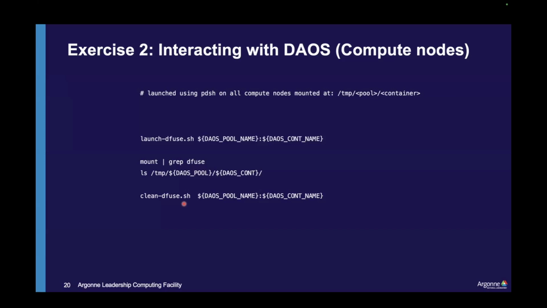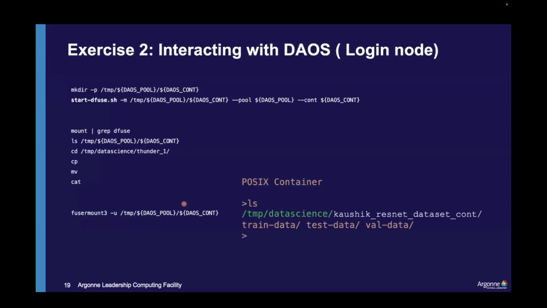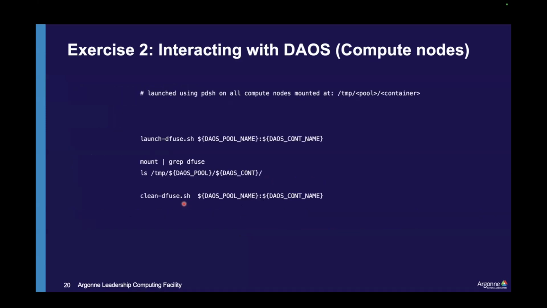So the benefit is, suppose you have a large job running on 8,000 compute nodes for several hours. You don't need to spend another hour copying your data back to Lustre or somewhere. You can just leave it there and then come back to a login node and mount it there, and your data will be there. More details on how to move your data between DAOS and Lustre will be covered in the last few slides.